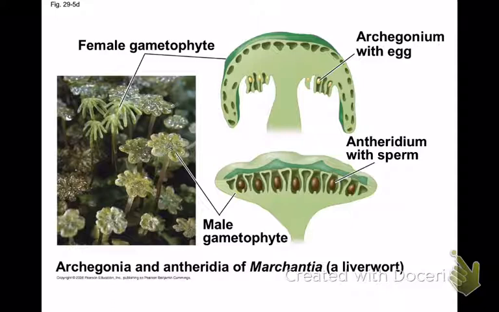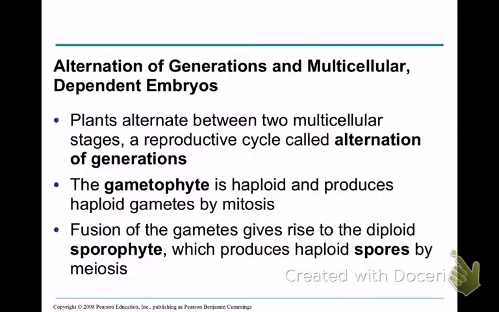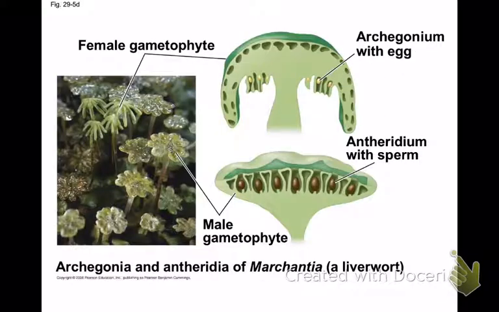Okay, the liverwort, again, has male and female plants. So the female gametophyte has this umbrella-shaped structure where you form the archegonium with the egg cells.